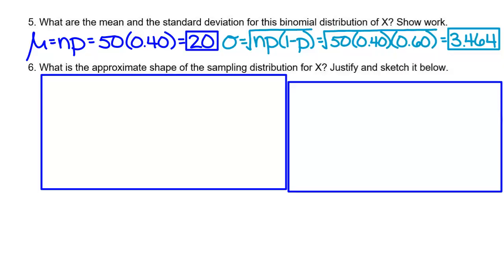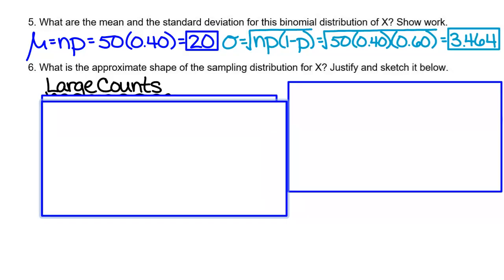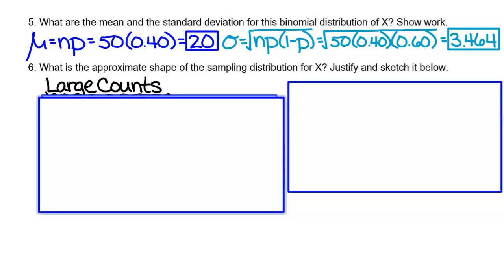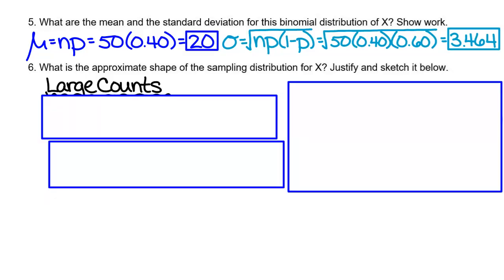How can we check that to see if it actually is approximately normal? Does anybody remember what we check? We want to look at large counts. Does anybody remember how to check large counts? N times P has to be 10 or bigger.